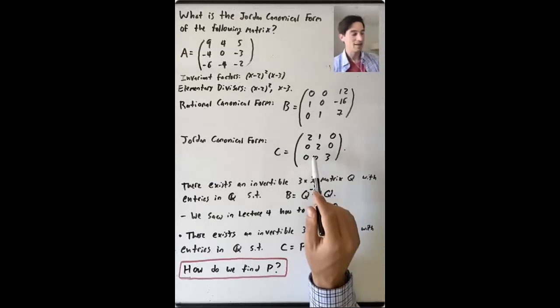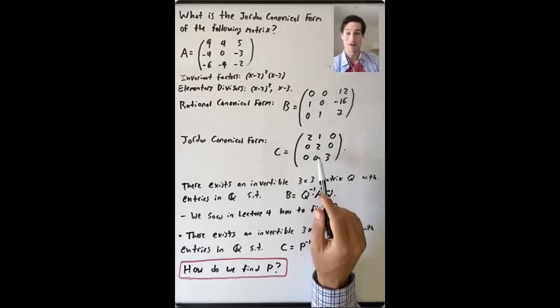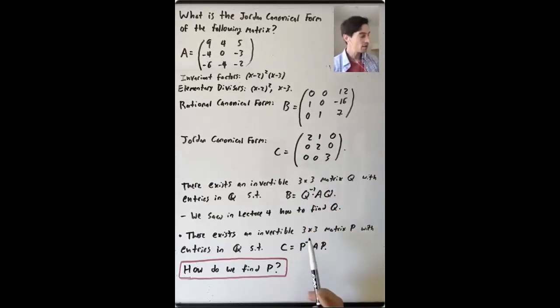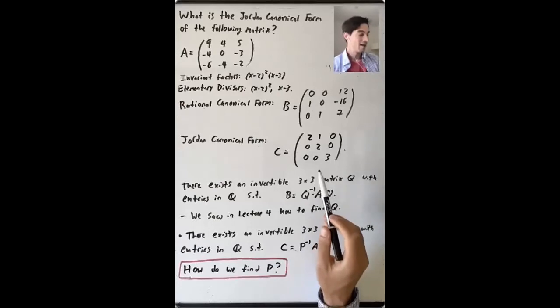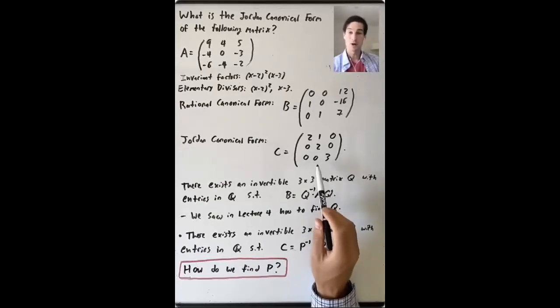So what about the analogous question for the Jordan canonical form? We know that there exists a 3 by 3 matrix P with entries also in Q such that C equals P inverse AP. And okay, so now we have to be a little careful because it's really important in making a statement like this that the field that you're working over contains all of the eigenvalues of your matrix.